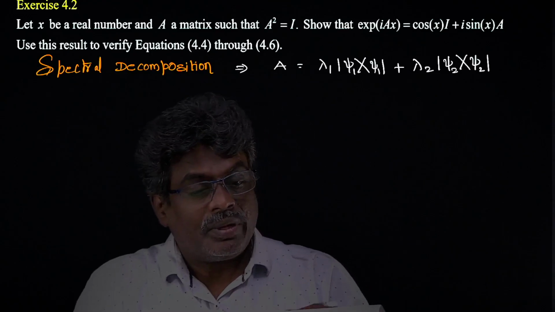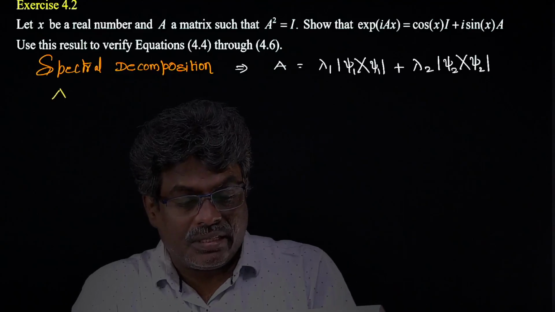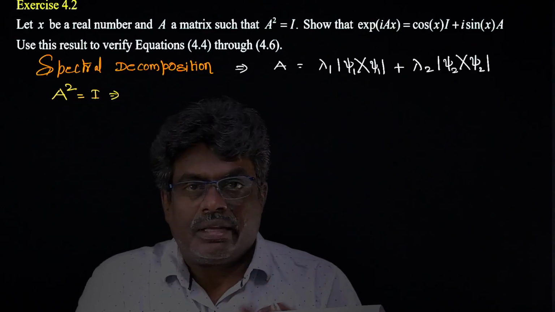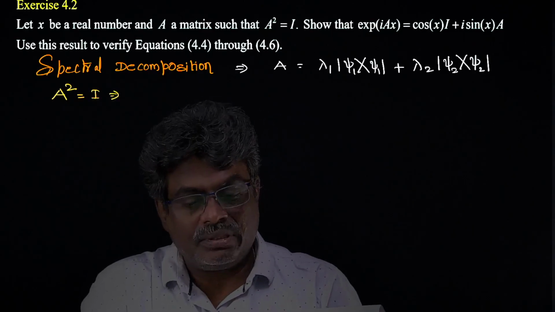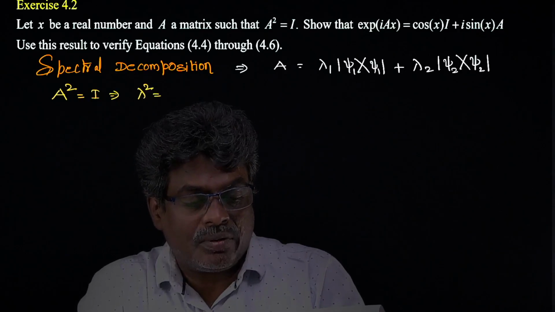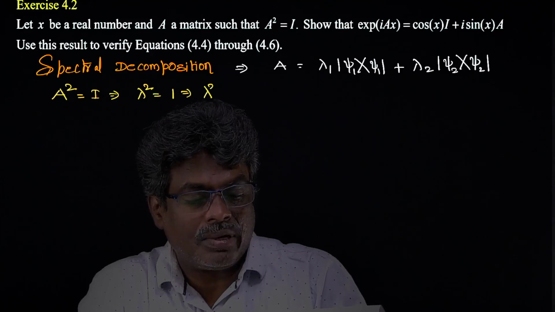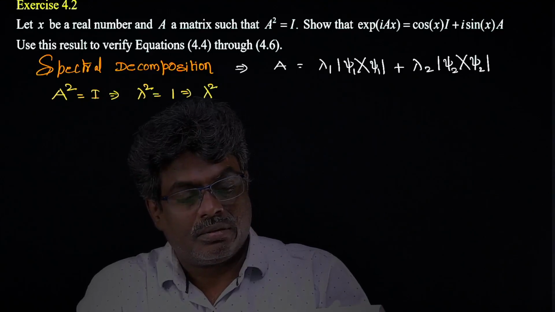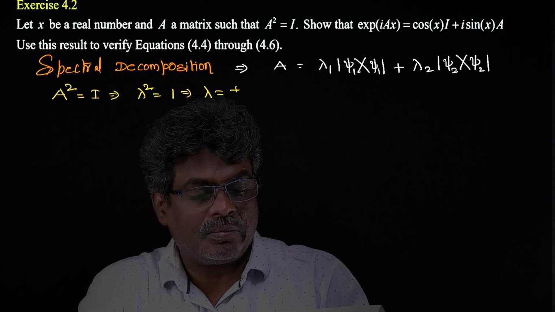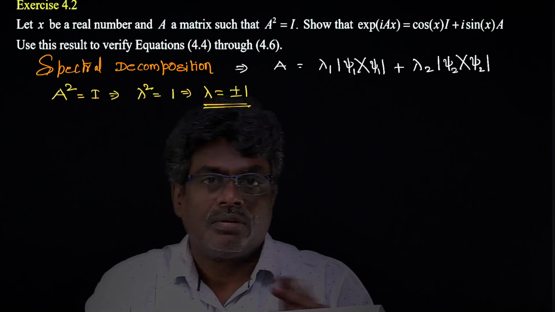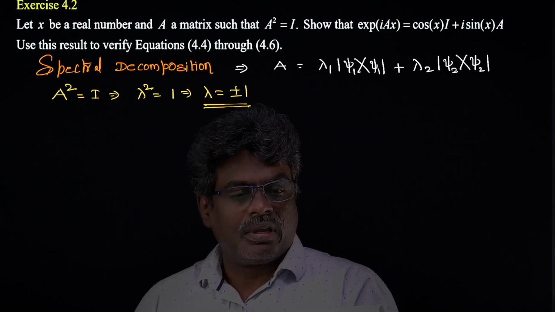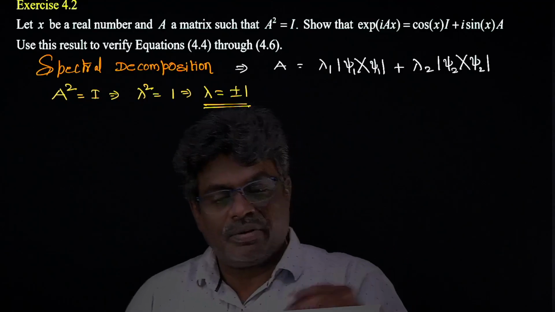Here they have given A square equals I. If I take the characteristic equation, by the Cayley-Hamilton theorem, lambda square equals 1, which gives lambda equal to plus or minus 1. So finally we got the eigenvalues plus or minus 1. Eigenvectors no need to find, just leave it.